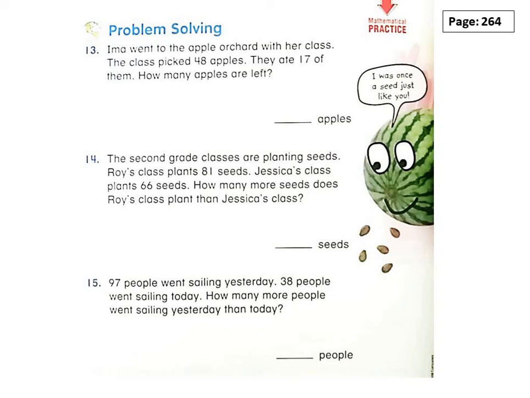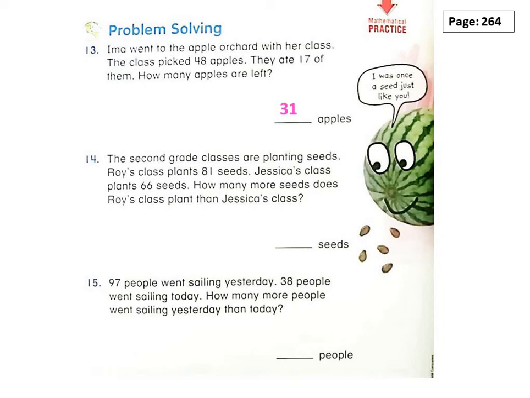We will find 48 minus 17. So what do you think the difference is, grade 2? 48 minus 17 equals 31. Excellent, grade 2. Great job. Try to check the answer by yourself, grade 2. You know how.